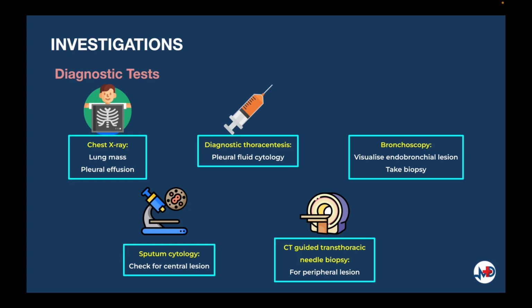Sputum cytology may be helpful to check for a central lesion. Endobronchial lesions can be visualized, and the biopsy can be obtained through bronchoscopy. A peripheral lesion requires a CT-guided transthoracic needle biopsy. If pleural effusion is present, diagnostic thoracocentesis can be done, and cytology studies can be done on the pleural fluid to check for malignant cells.